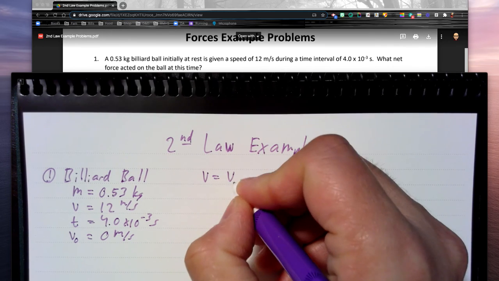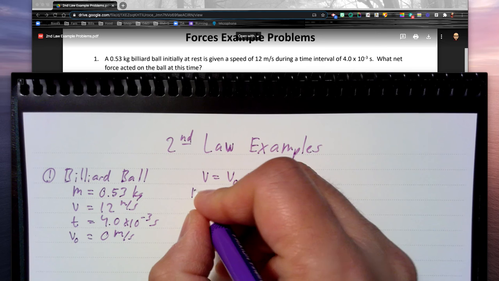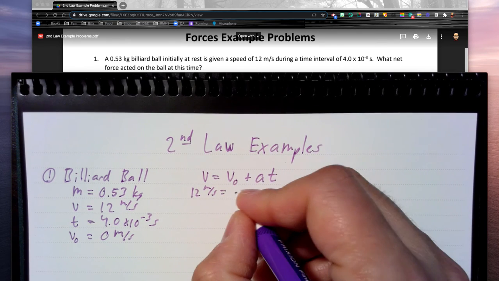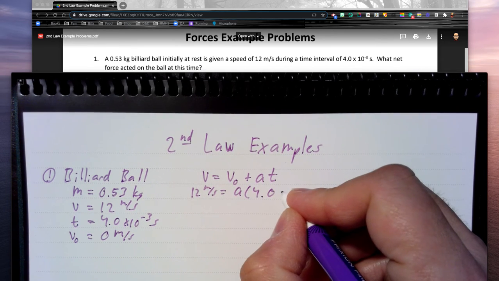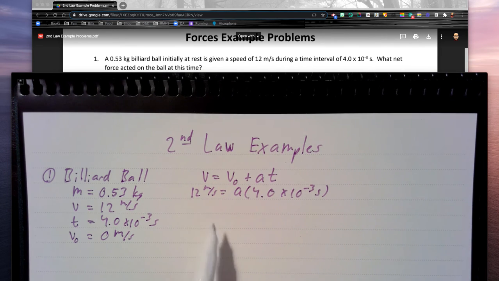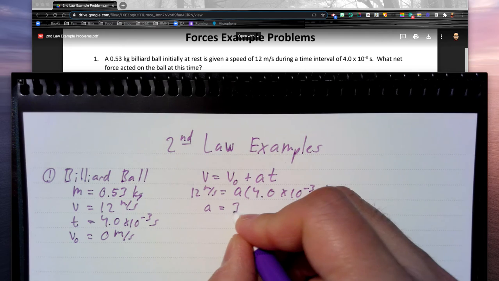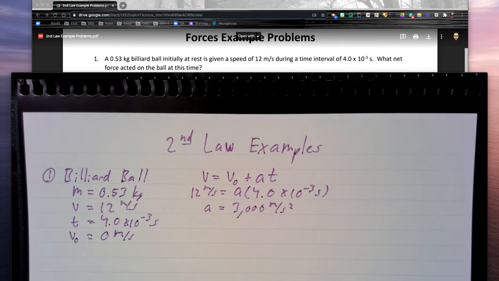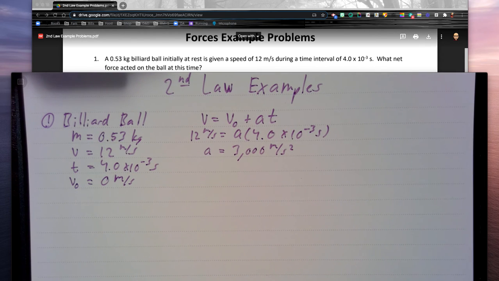So I can write out this equation: it gets to 12 meters per second, starting at 0, and it takes 4.0 times 10 to the negative third seconds. I divide that out, and I get an acceleration of 3,000 meters per second squared, which sounds astronomical, but it happens over a small time, and it's a billiard ball.